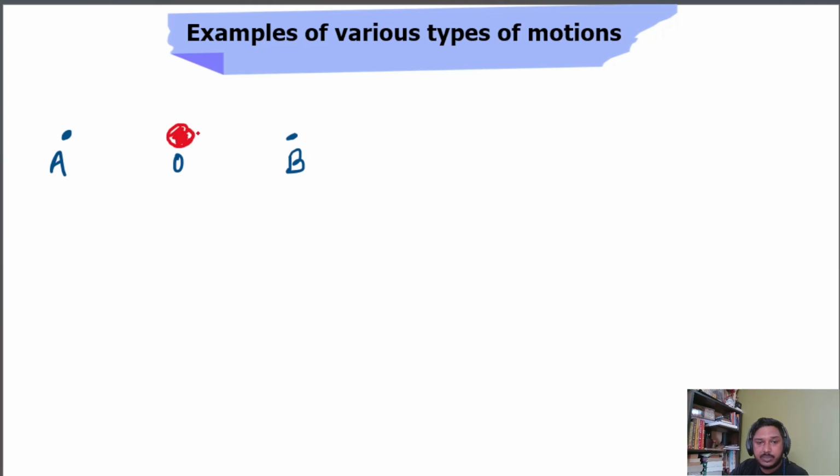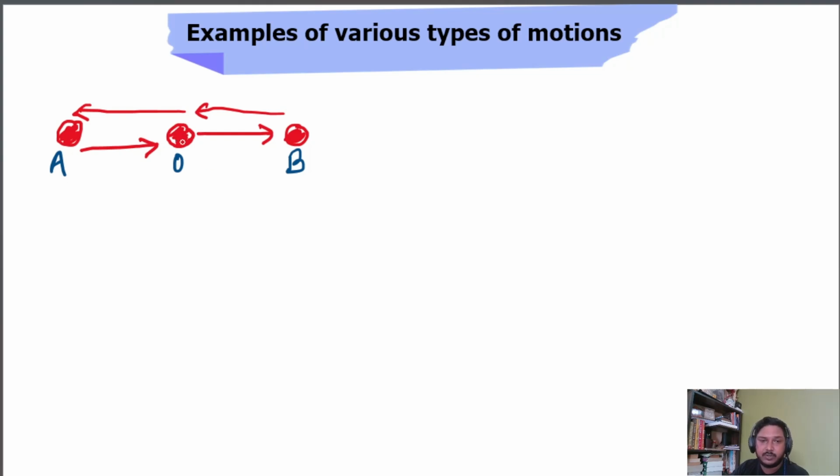Now the particle moves from O to say B, it comes to this position, and then from B to O, and then from O to A, and then again back from A to O. So the particle has made a complete cycle. It has moved from O to B and then back to O, then to A and then to O. So initial and the final points are basically the same.